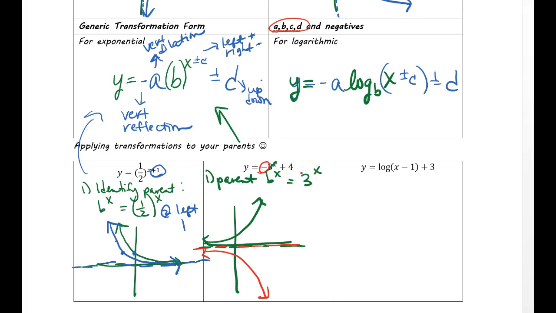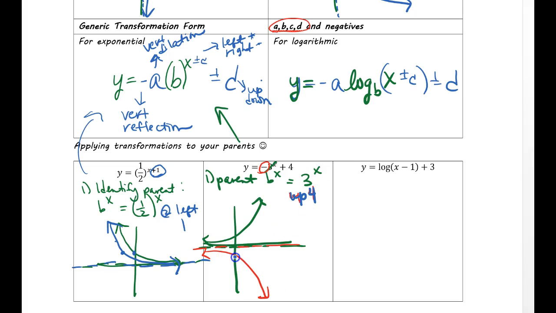Now, is that +4 part of the exponent or not? When I look at that, I'm thinking not part of the exponent because it's kind of down on the ground here. So it means it's going to be the up and down. So if it's a +4, I think it's going to be an up 4, okay? That should be in blue. Up 4. So now I'm going to take this red curve and move it up 4.